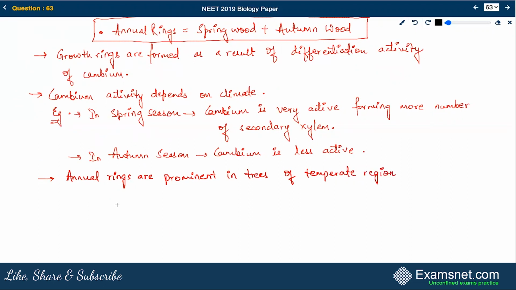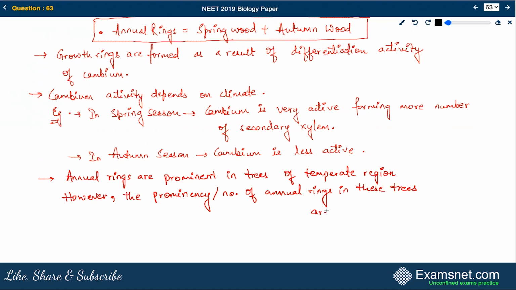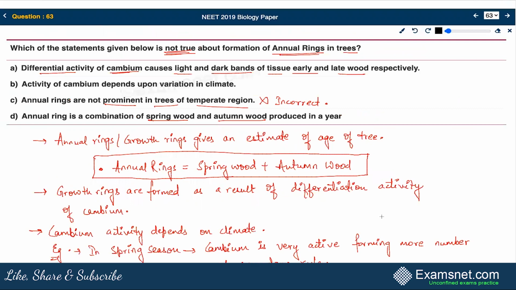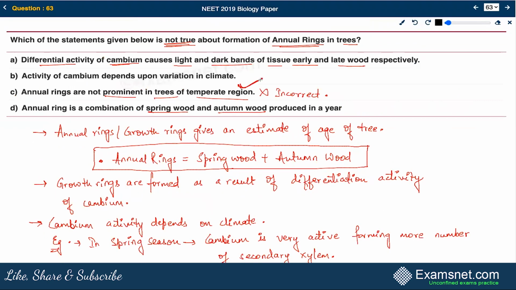However, the prominence is less. Why? Because the weather conditions are a little cooler. That's why the prominence is less, or the number of annual rings is less in these trees. All right, so this is the reason. So the incorrect statement will be option C here.